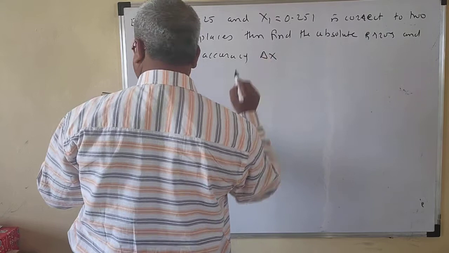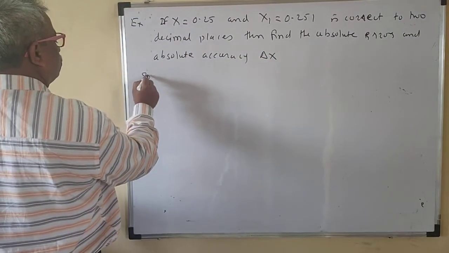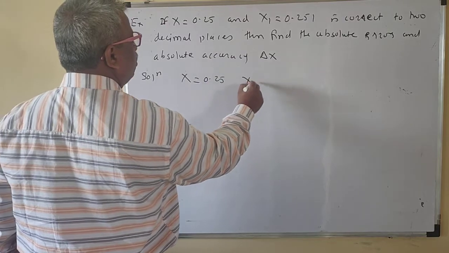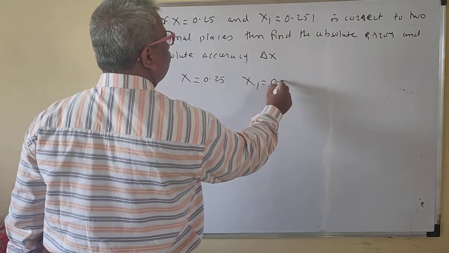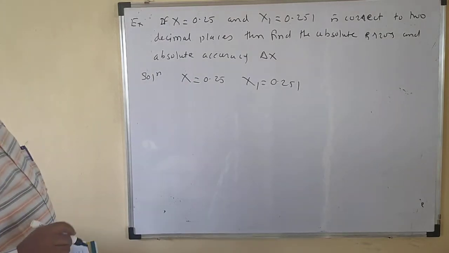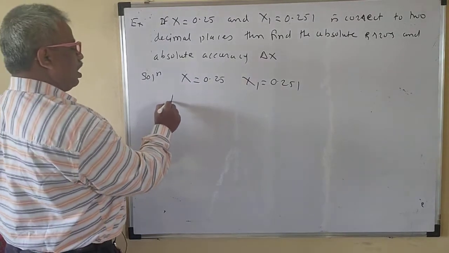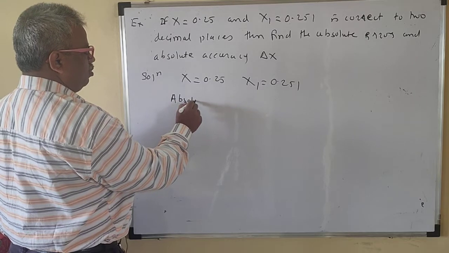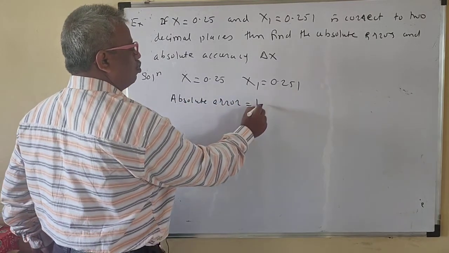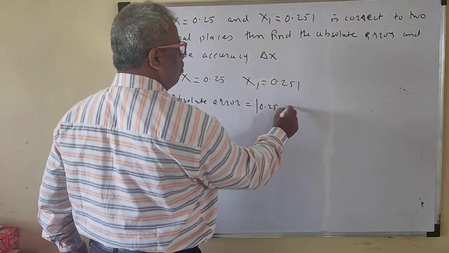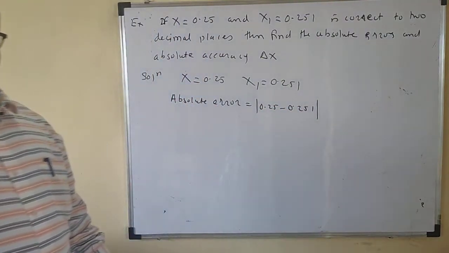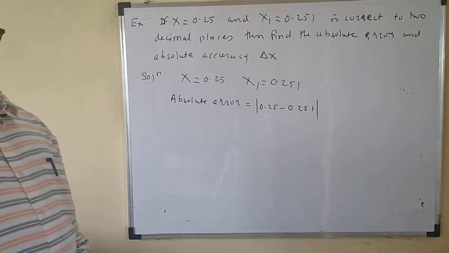Solution: your exact value is 0.25 and your x1 is 0.251. Now you have to find the absolute error, which is mod of 0.25 minus 0.251. Here the use of a scientific calculator is allowed.